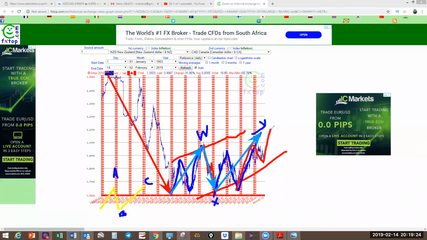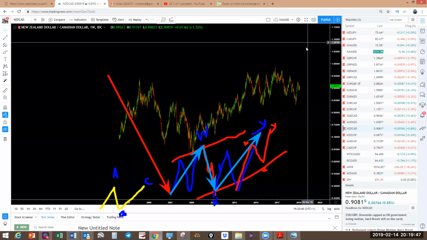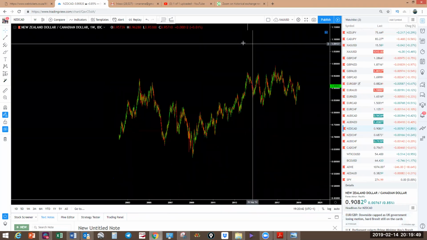So this is how I was looking at it initially. This degree here is going to be a WXY in the red degree. It's going to be clearer when we go to TradingView. We're going to go to TradingView now. Right, so this is the structure.